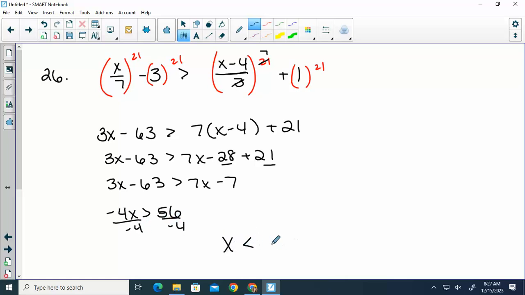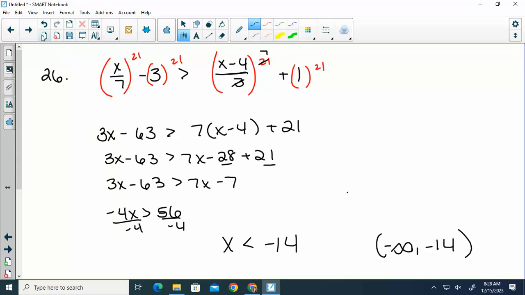So I get x is less than negative 14. How do I want you to always write your final answers if it's interval or at inequalities? Intervals. So less than that would be negative infinity to negative 14. All with parentheses because there was no equal to.